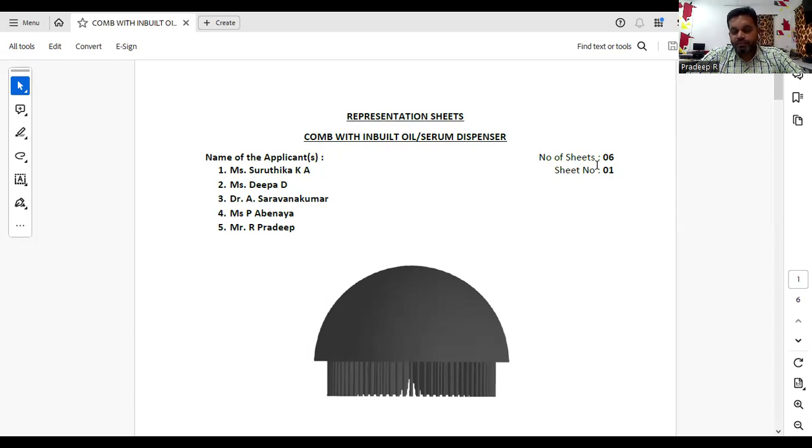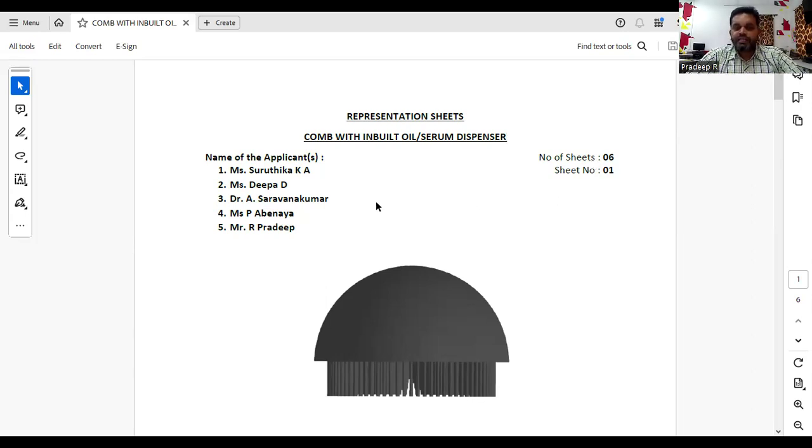For example, when we go for a design patent, it has to maintain a minimum of 4 views of the article: front, top, bottom, or back, and the most important part is the perspective view. Perspective view is nothing but how the product or patentable article looks when we see it with normal eyes. That is the view called perspective view.